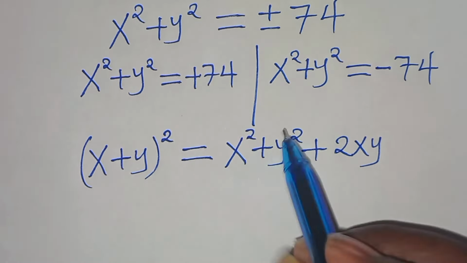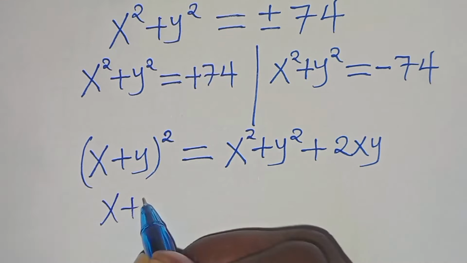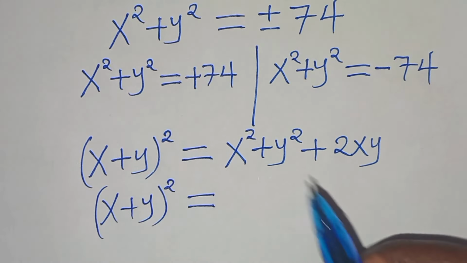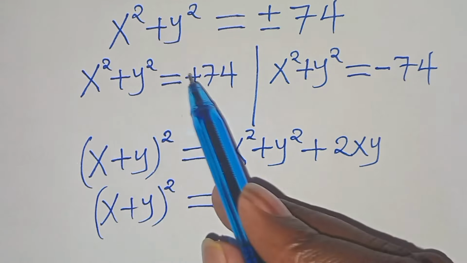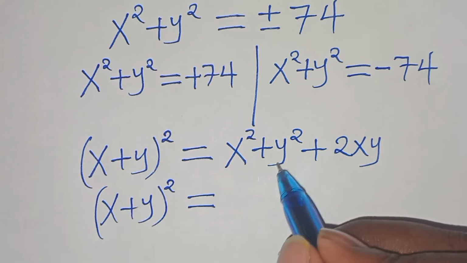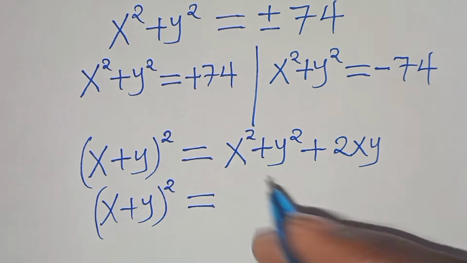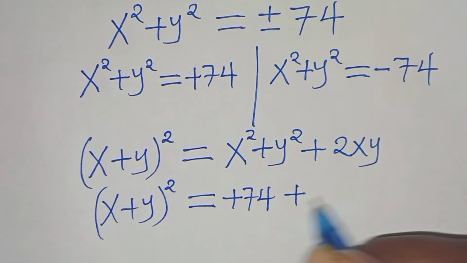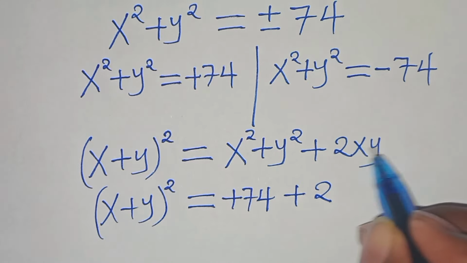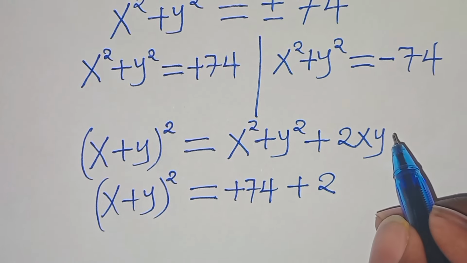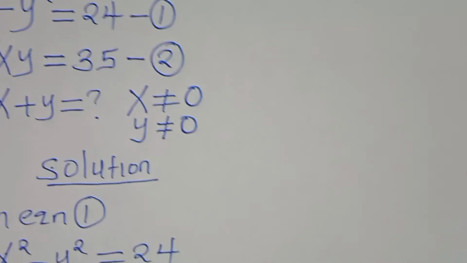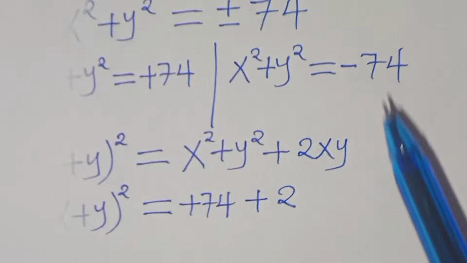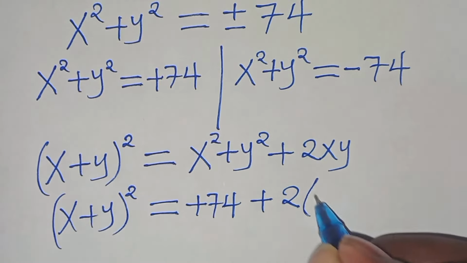So from here, (x plus y) squared is equal to, let's start with the first part here, x squared plus y squared, which is plus 74. Then plus 2 multiplied by xy. Remember, xy is what we have in equation 2, which is 35. So let's substitute 35.